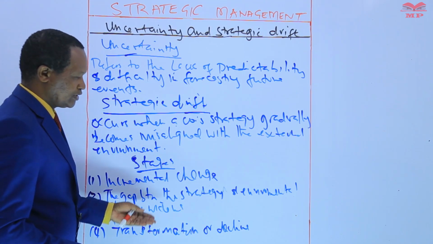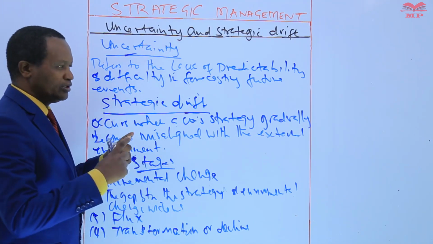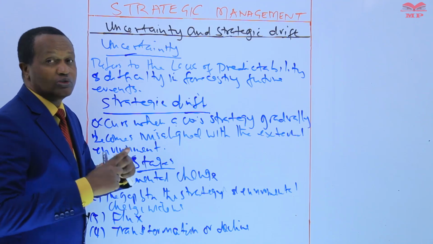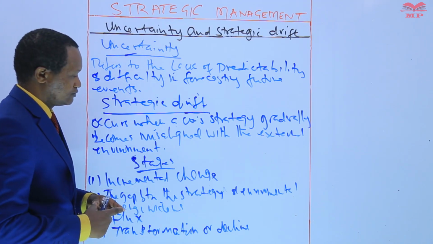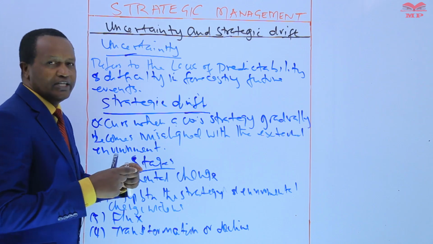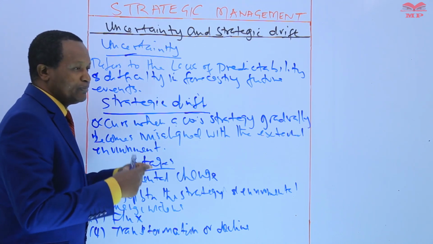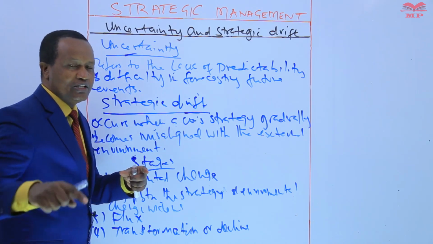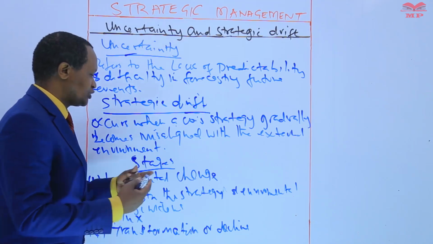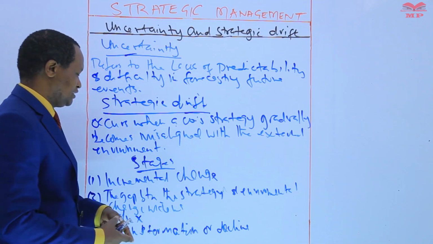And you see how that is very possible. We operate in an environment that is continuously changing. There's nothing that is constant. And if the strategy of the organization remains constant for a long period of time, yet there are changes happening, then ultimately such organizations do not succeed.